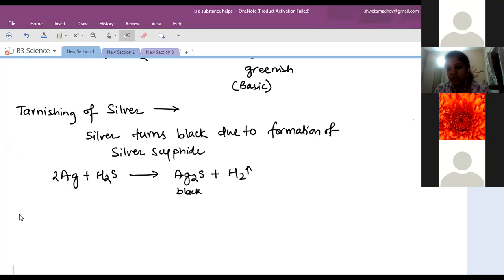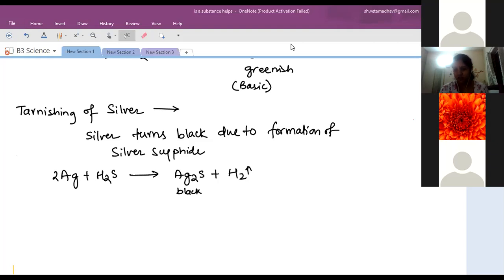So rancidity means what? Here you have seen corrosion of metals. In food also, there are some compounds, which we call fats and oils.